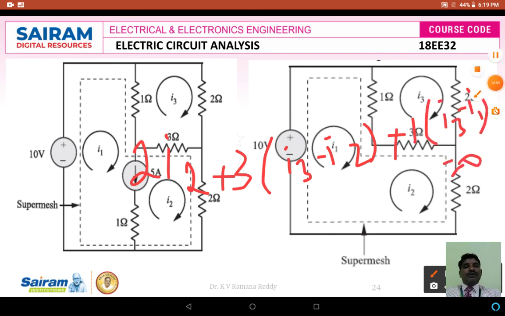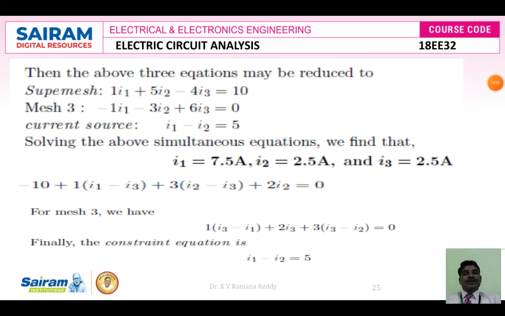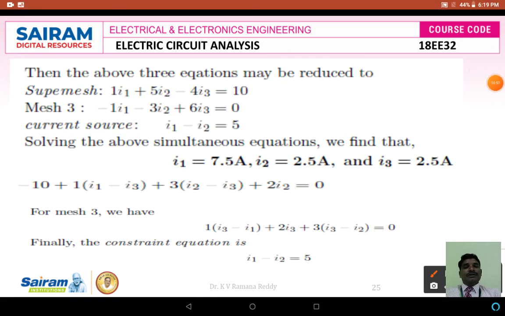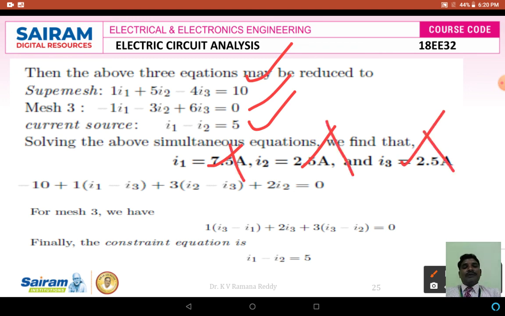By solving the above three equations shown here, that is, the supermesh equation, the mesh 3 equation, and the current source equation, which is nothing but the boundary of loops 1 and 2, I1 minus I2 is equal to 5, we get I1 is equal to 7.5 amperes, I2 is equal to 2.5 amperes and I3 is equal to 2.5 amperes, either by the direct inspection method or by Cramer's rule.